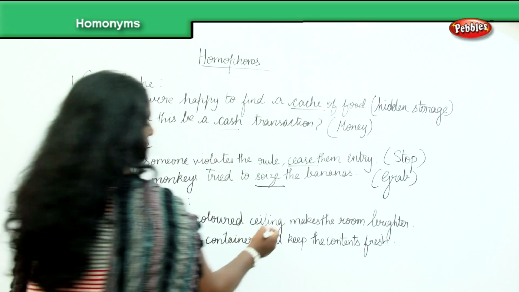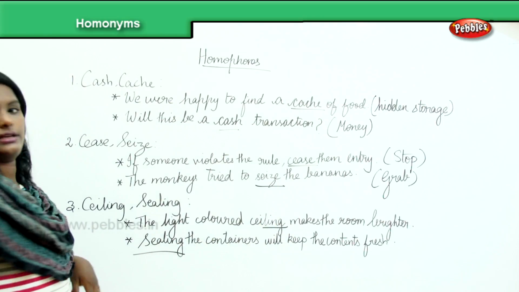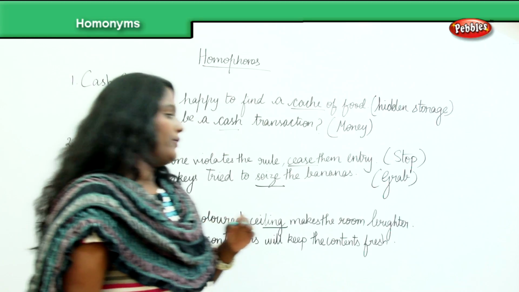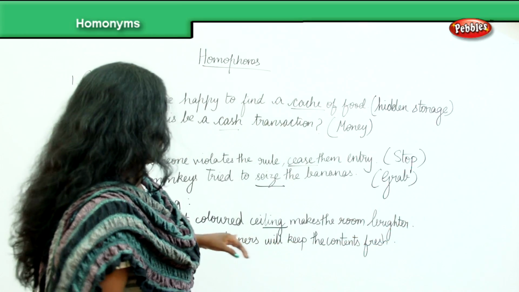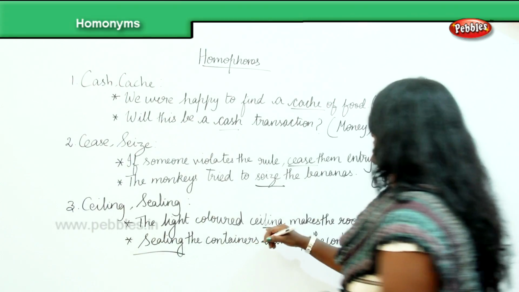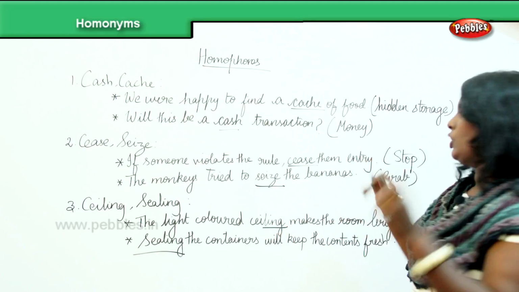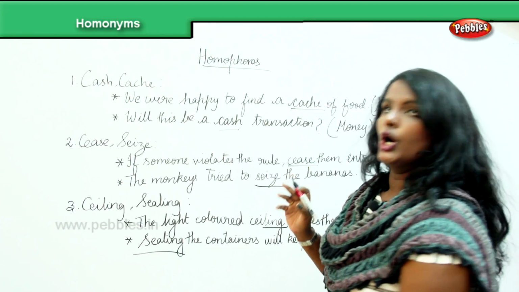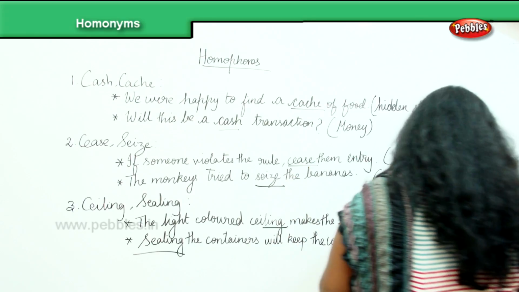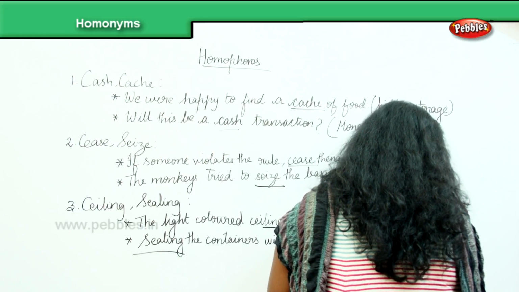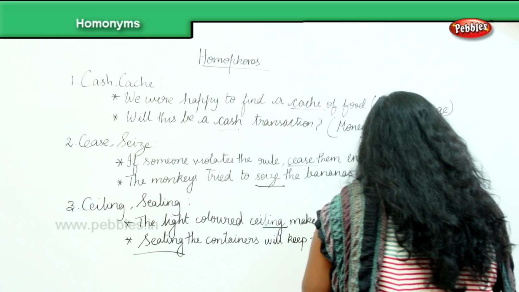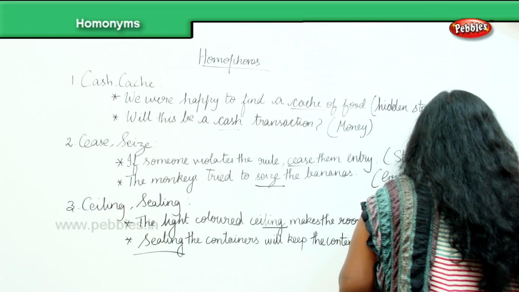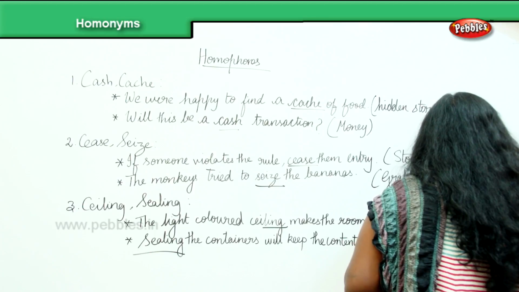Let me highlight this ceiling and this ceiling. The light colored ceiling makes the room brighter. So what does this mean? Which ceiling am I talking about? C-E-I-L-I-N-G is the roof, the upper portion of the room, or the upper limit of the room.